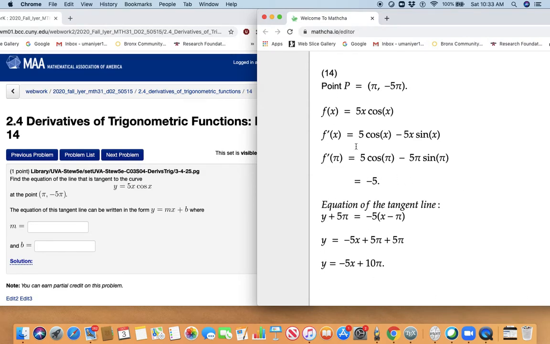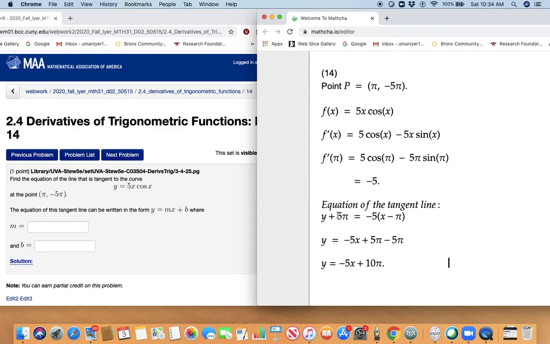Equation of the tangent line. Y minus y coordinate. So that negative together with the negative here gives me positive 5 pi is slope times x minus x coordinate. So simplifying, negative 5x plus 5 pi and move this over there. That's a negative 5 pi. Okay.